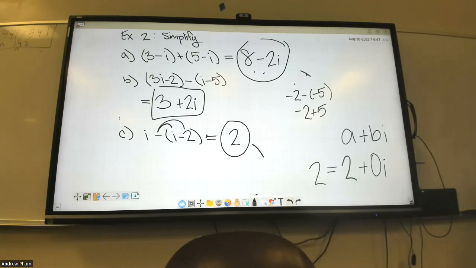So this is going to take me to a side note. First off, can we agree that every real number is a complex number? Because I can do this basically. How many real numbers are there? Yeah, infinitely many. If we have an infinite number, how many complex numbers do I have?